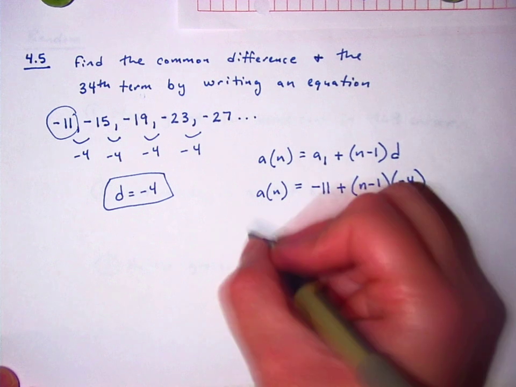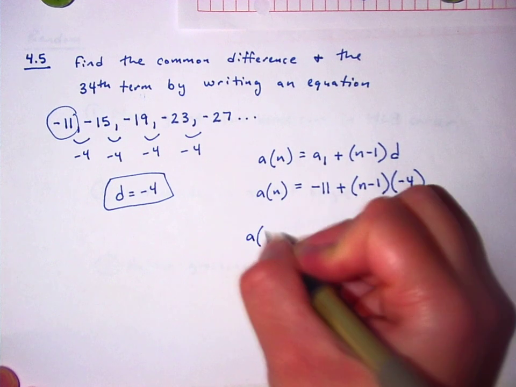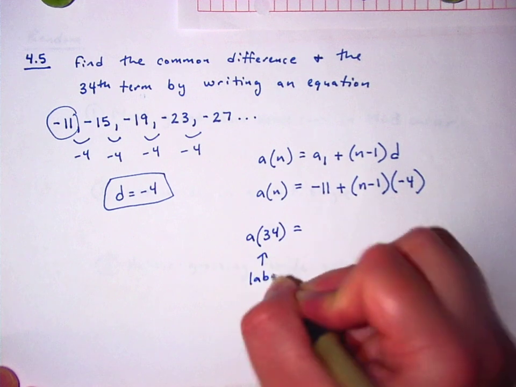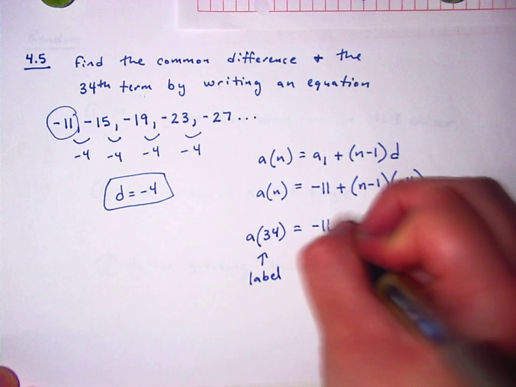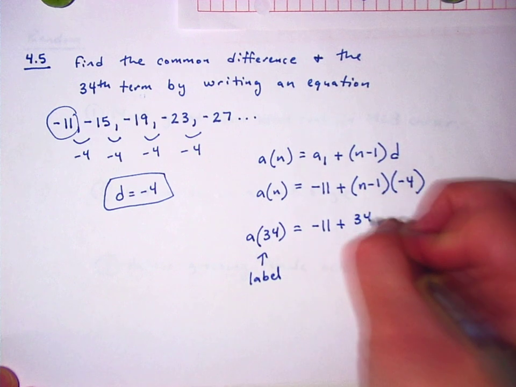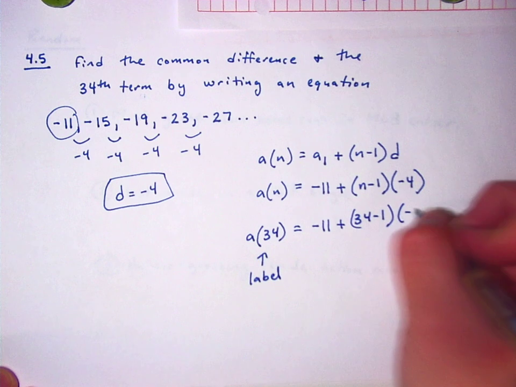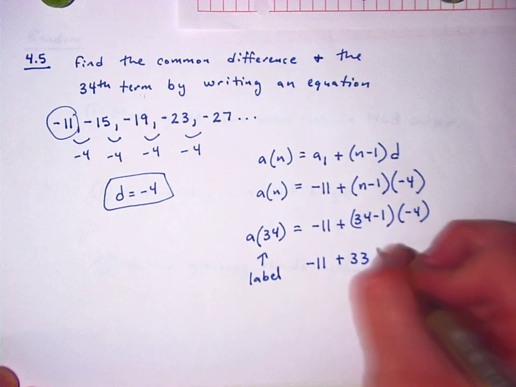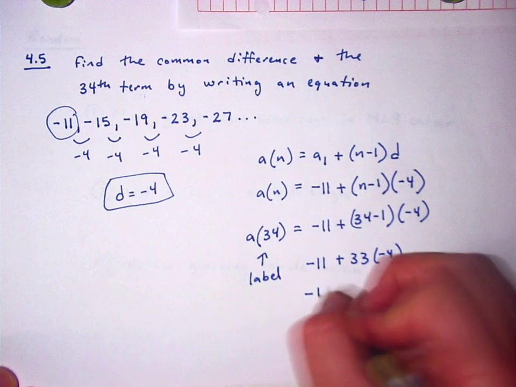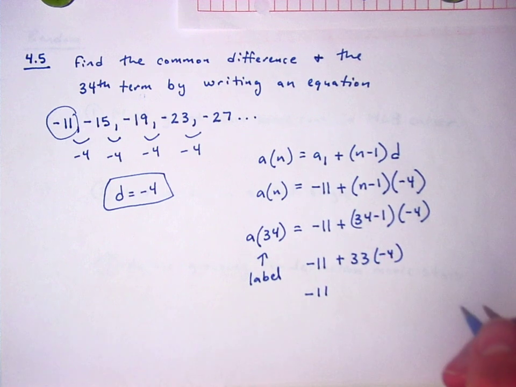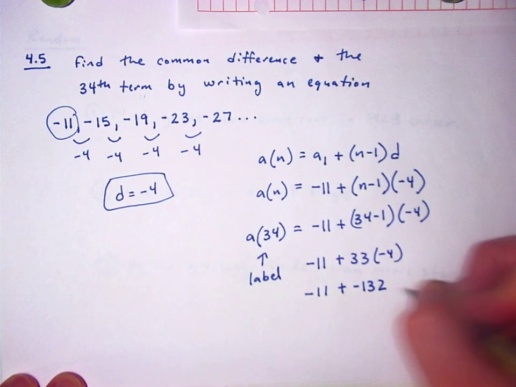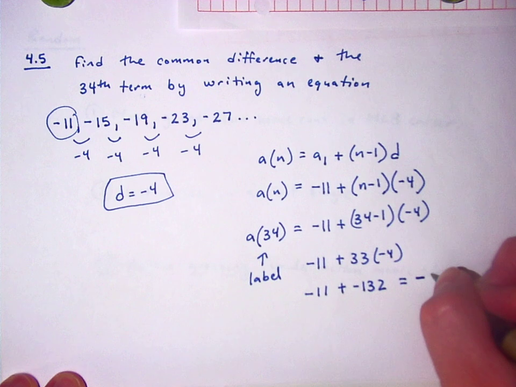So if I'm trying to find the 34th term, that means the function with 34 in it. Remember, this is just a label over here, this is not actually a times 34. That's negative 11 plus 34 minus 1, times negative 4, which is negative 11 plus 33 times negative 4, which is negative 11 plus negative 132, which makes negative 143.